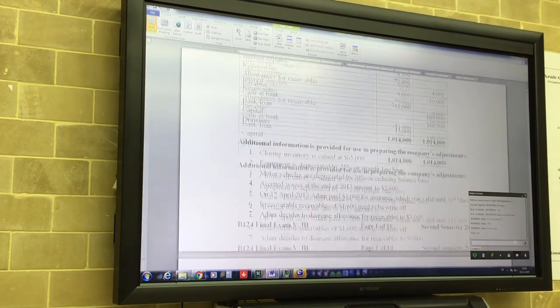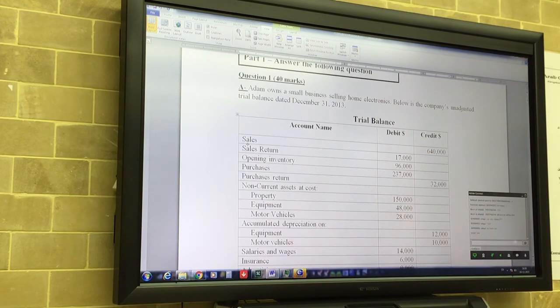So you will go to the trial balance. We are asked to prepare the income statement, which will start from sales. Sales, how much? 640. You will go through all items in the trial balance and find if there is allowance sales, discount sales, or return sales.